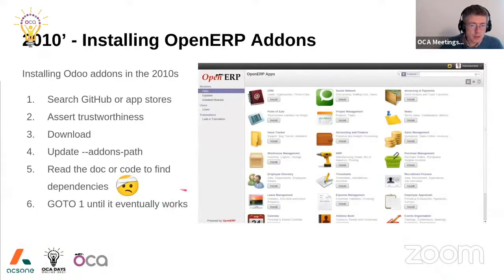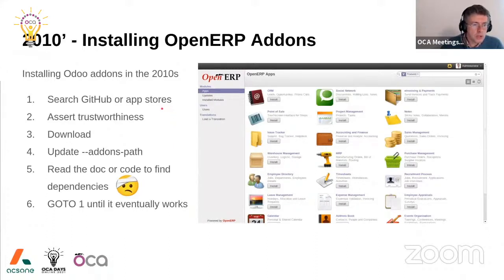And unfortunately, using Odoo, it doesn't work that way. Odoo has not been pushing an approach to publish standard Python packaging. And so when I started doing Odoo and OpenERP, basically the story to install add-ons was the same as what it was for Python 20 years ago.